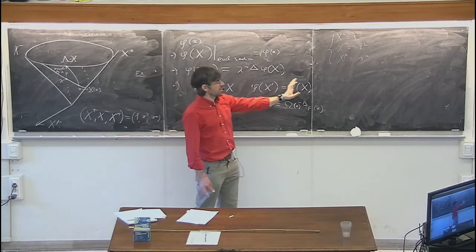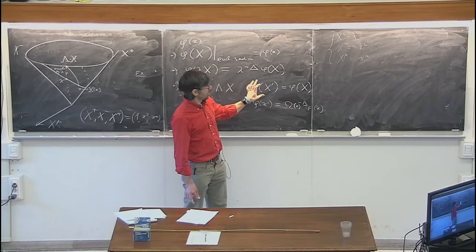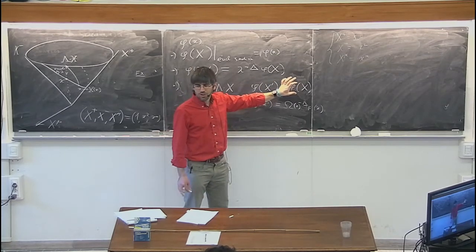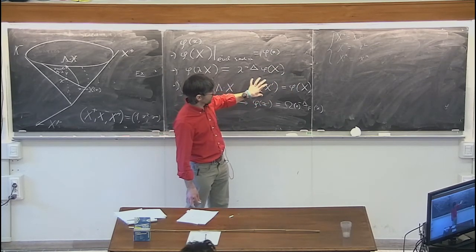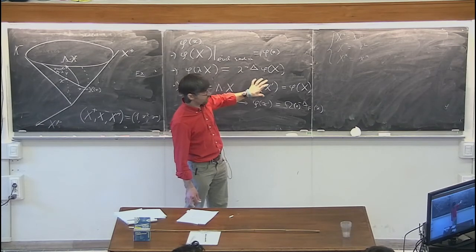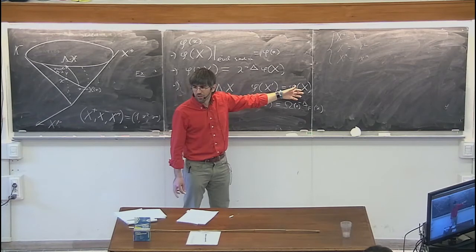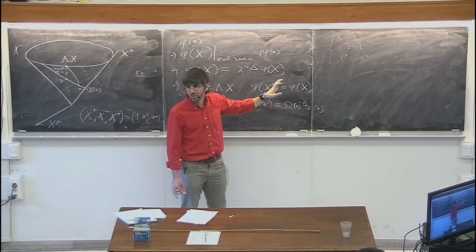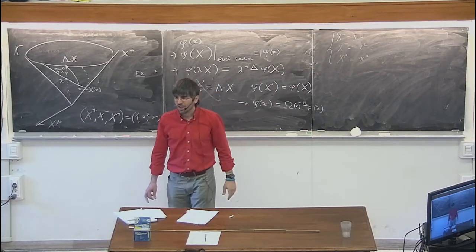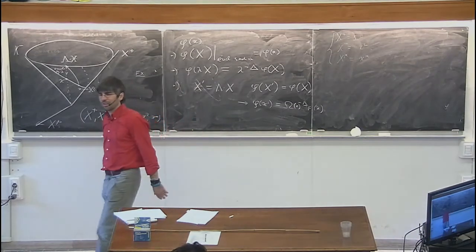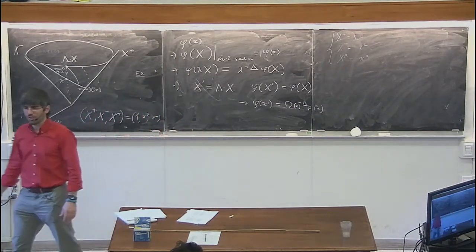What I really mean by this equation is that the correlation functions of fields at the point x prime are going to be equal to the correlation functions at the point x. So this is how you should interpret this equation. You can call it phi prime or phi, the correlation functions are going to be equal.